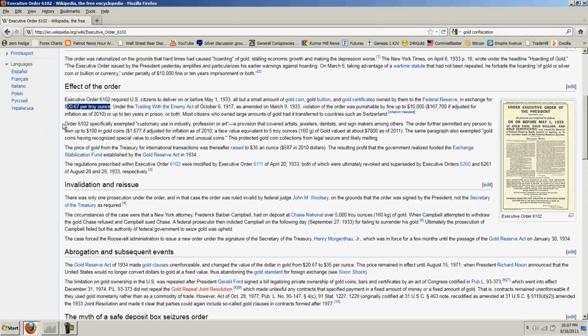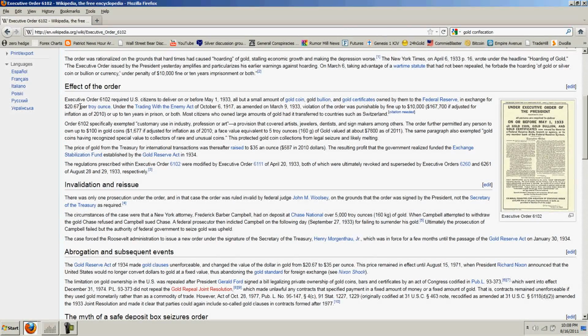But anyway, I wanted to emphasize this price here. Now, if you remember, the price of gold was $20. So giving you $20.67 on an ounce is roughly 3%.